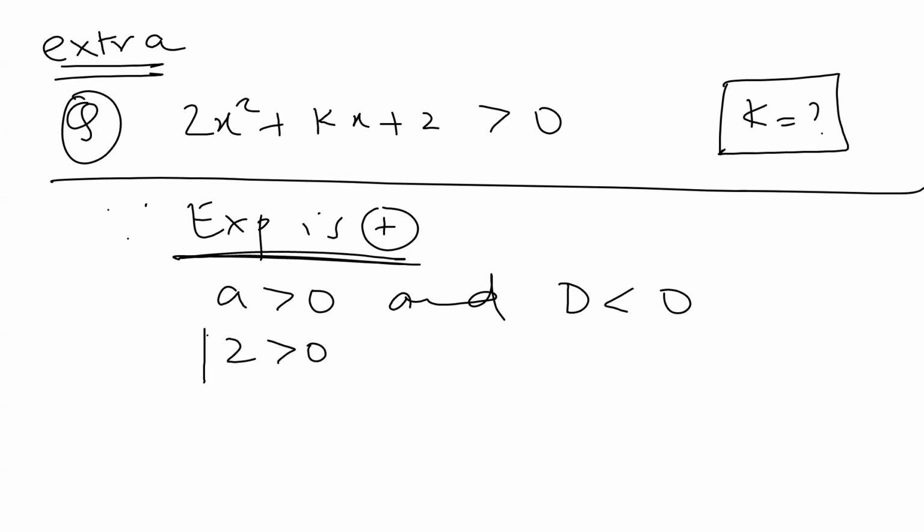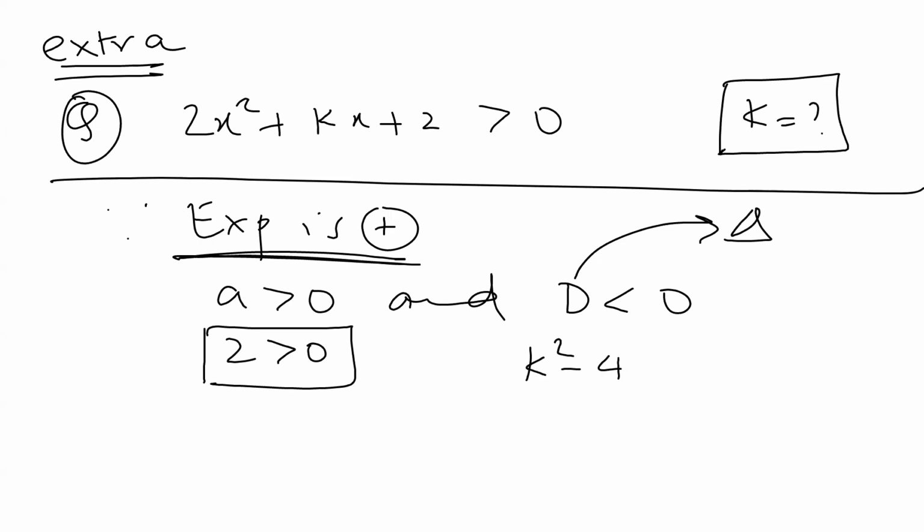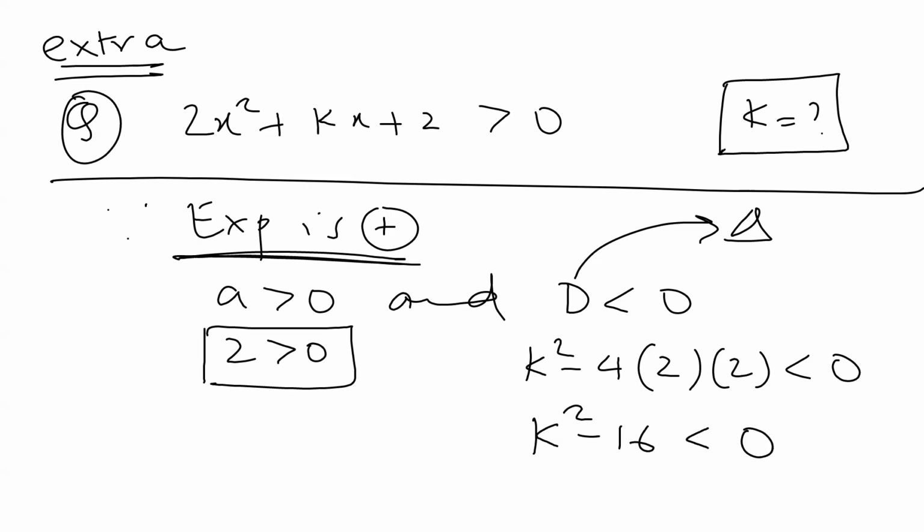This is a true condition, but we are not getting the value of k from this. Now D. What is D? Delta is b square minus 4ac. A and c are 2. So k square minus 16 is less than 0.